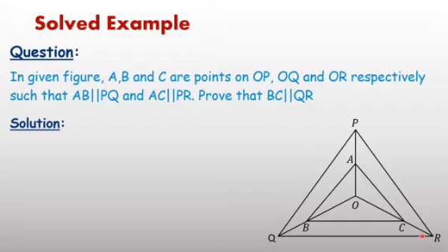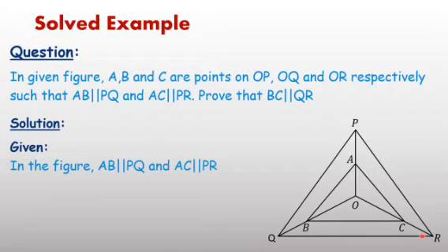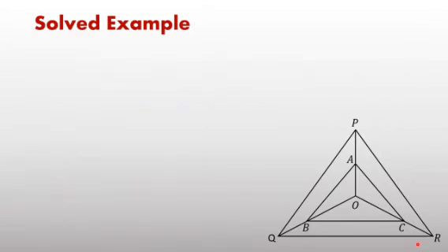First, note down the given part. In the given figure, AB parallel to PQ and AC parallel to PR. It is given. We have to prove BC parallel to QR. Now the solution.